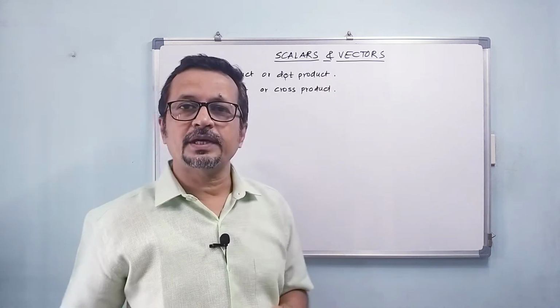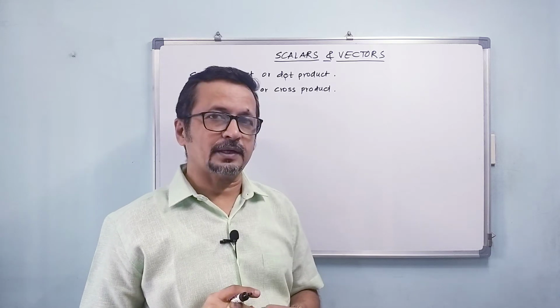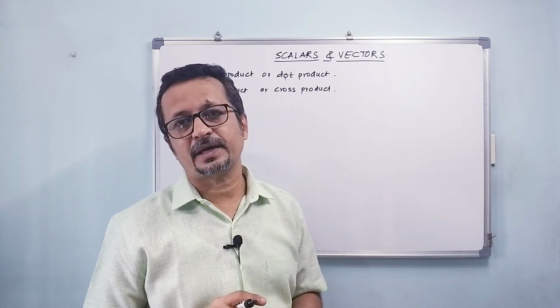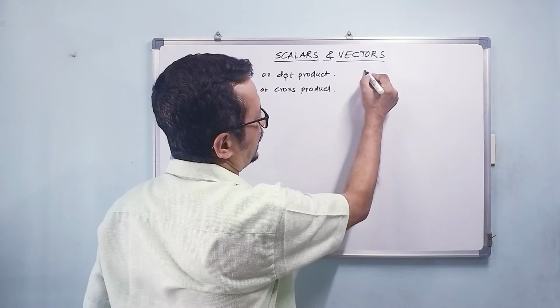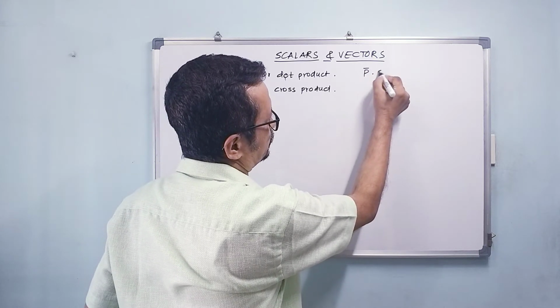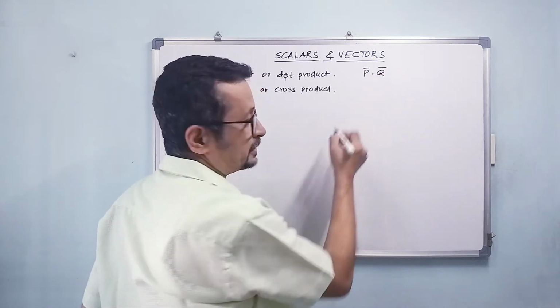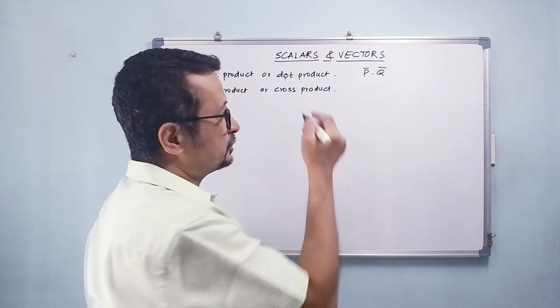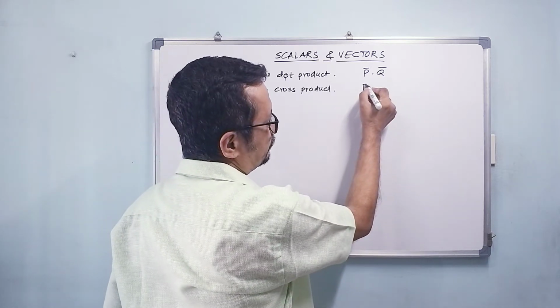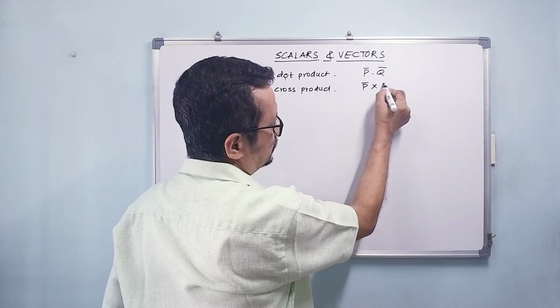So when I have two vectors p bar and q bar, their scalar product is written as p bar dot q bar, and when it is a vector product of these two vectors, then that would be p bar cross q bar.